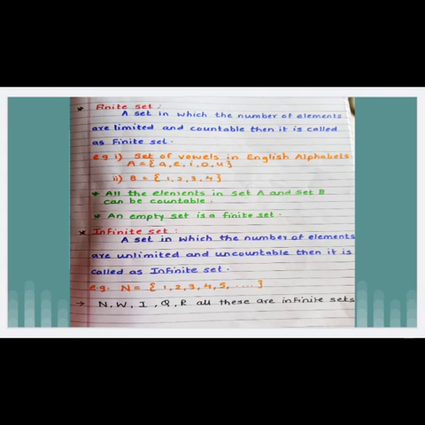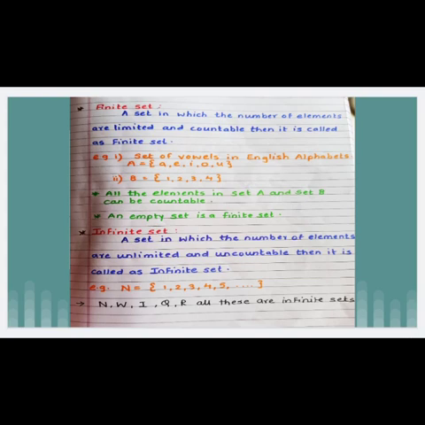There are five vowels. Hence, set A consists of A, E, I, O, U. Second example, set B, which consists of elements 1, 2, 3, 4.